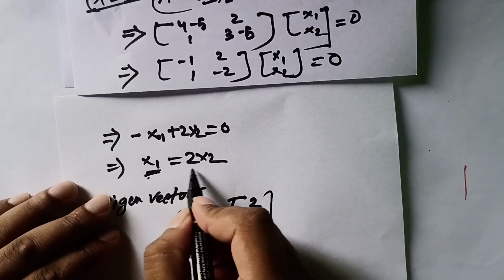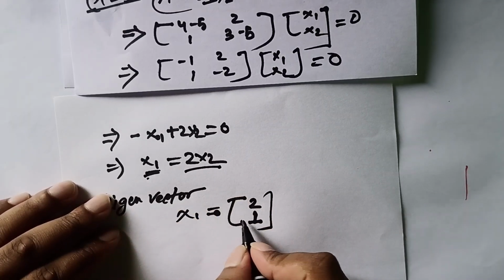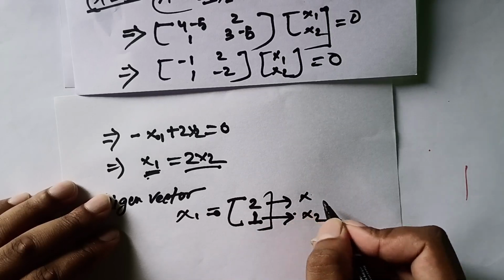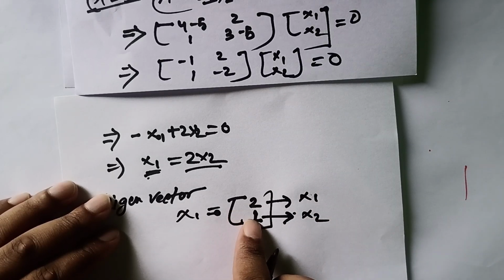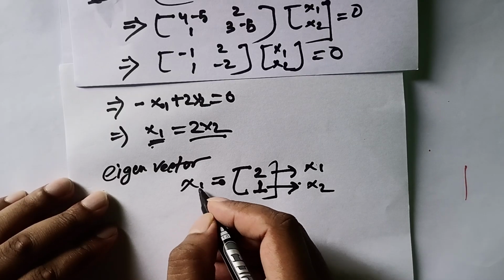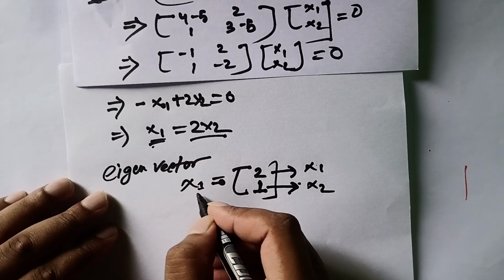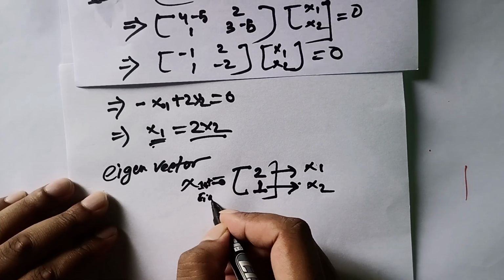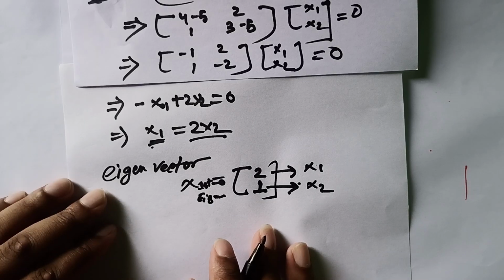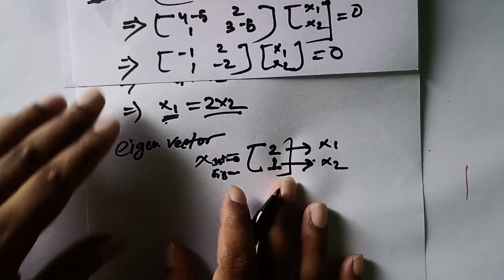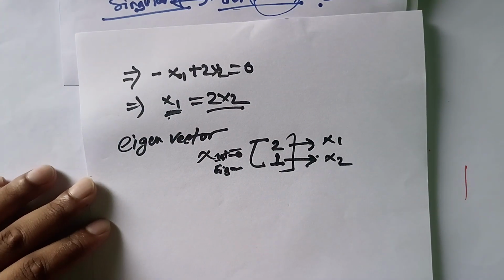Because x1 is twice x2. So if this is x2, then x1 will be twice of it. That is how we write this. This is the first eigenvector. Okay, cool. So we found our first eigenvector.